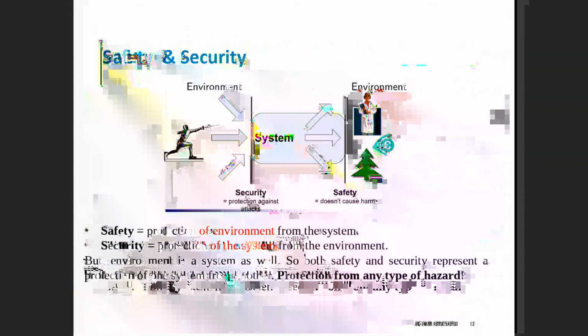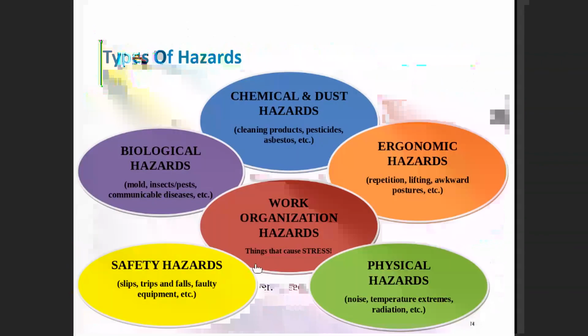And the protection means here is the protection from any type of hazard، لأي نوع من المخاطر. And when we talk about hazard, the hazard can come in different shapes. Can come in a biological hazards، يعني اللي هي العضوية خلينا نقول أو الحيوية زي الأمراض، الفيروسز، الحيوانات، الحشرات اللي بتنقل أمراض.